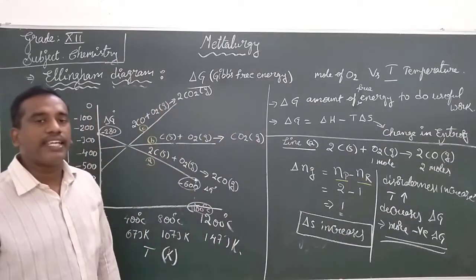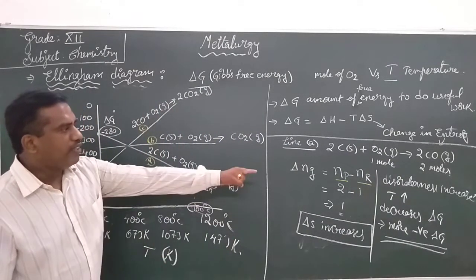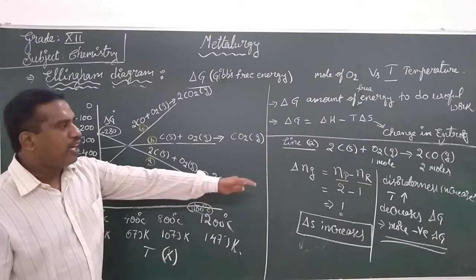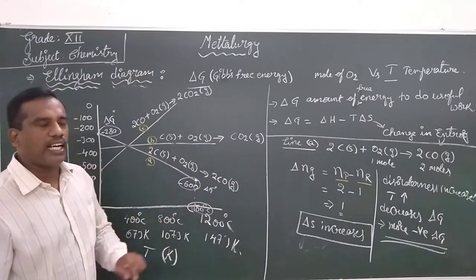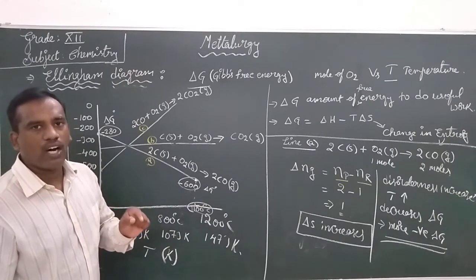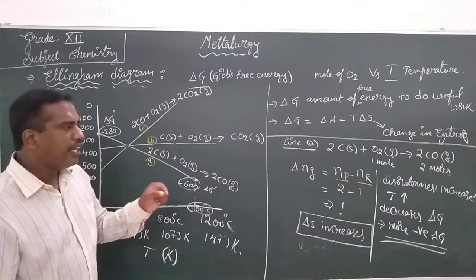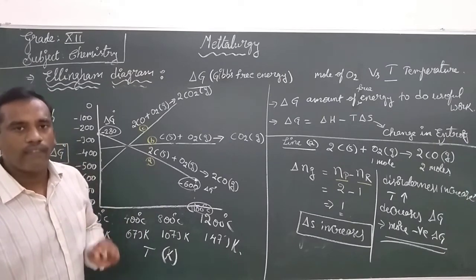This is the main key concept here, children. With increasing temperature, the disorderness is increasing. That is decreasing the delta G or the Gibbs free energy into a more negative value.